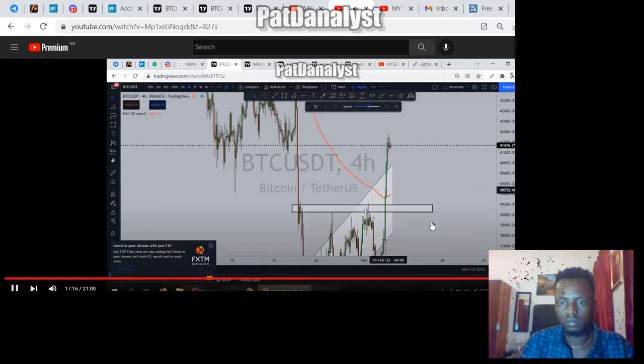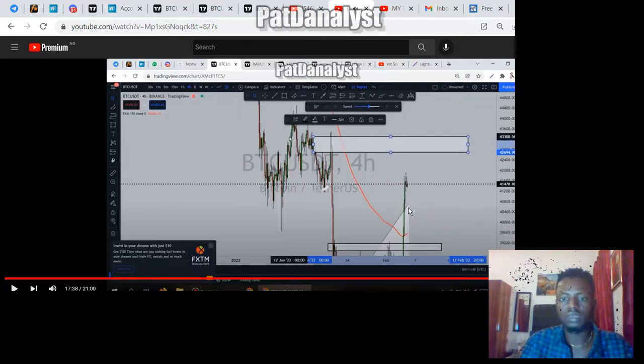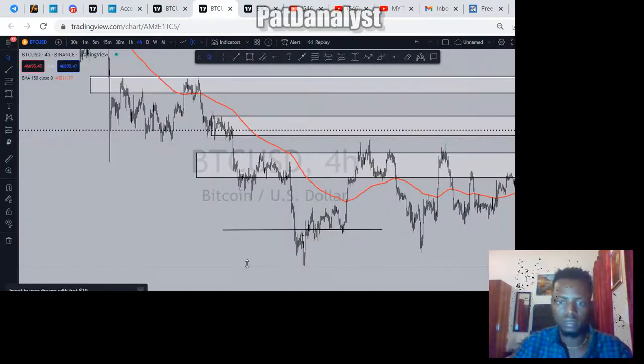I took my buy around here. This is the analysis I want to show on H4, where I was expecting the market to tap into this order block and then drop. Having this in mind before the weekly chart, now over to the proper analysis.